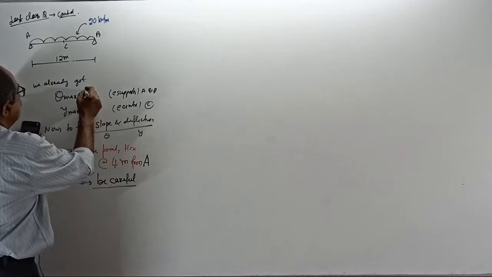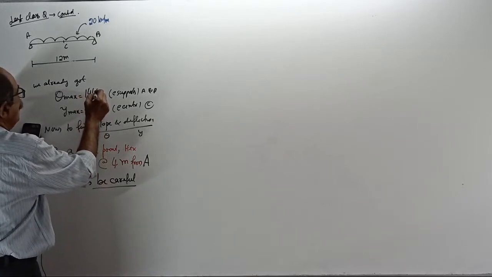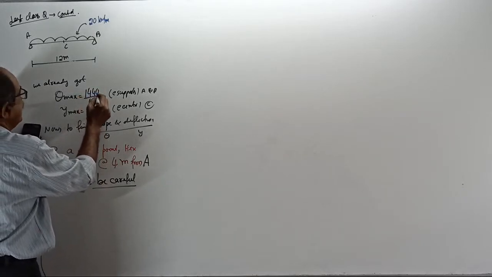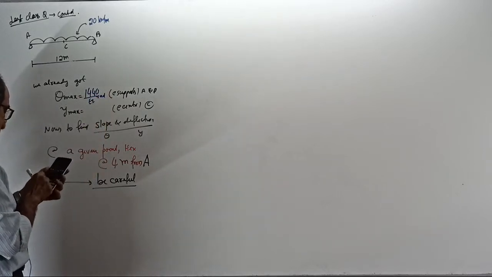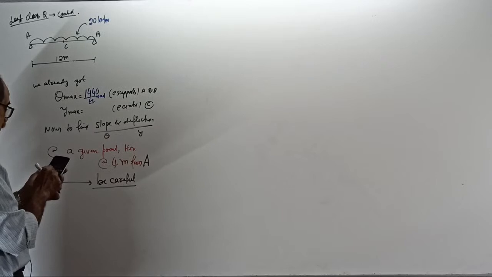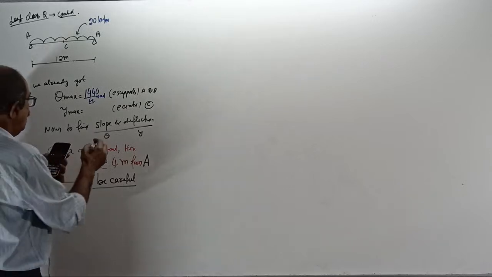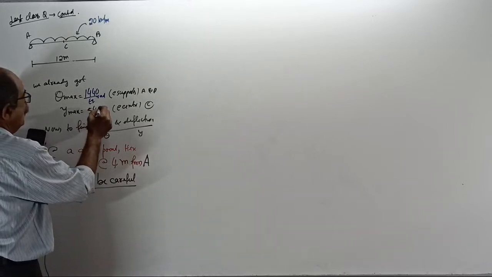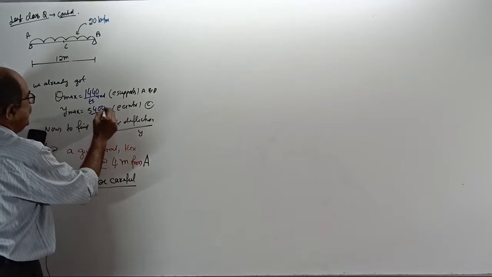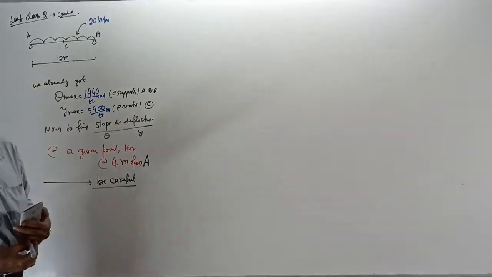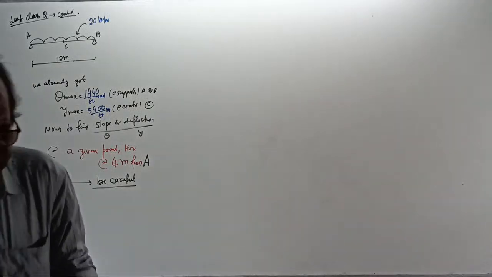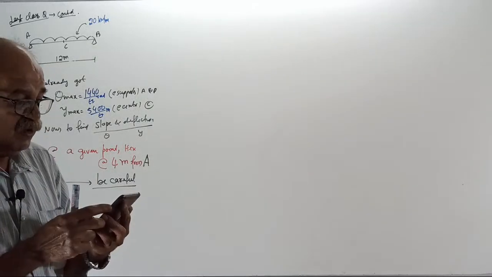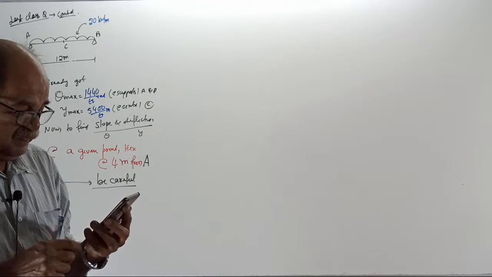Theta max you got 1440 by EI radian and y max you got 5400 by EI meter, correct? That was your theta max and y max. That correctly came? Okay.